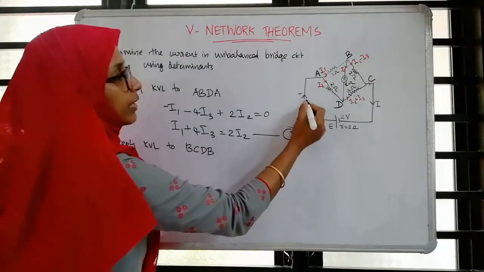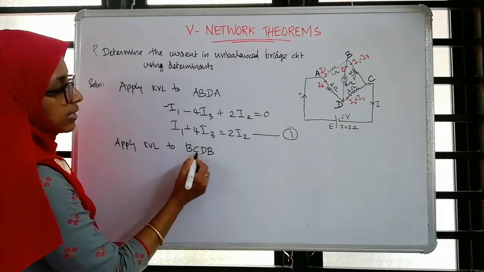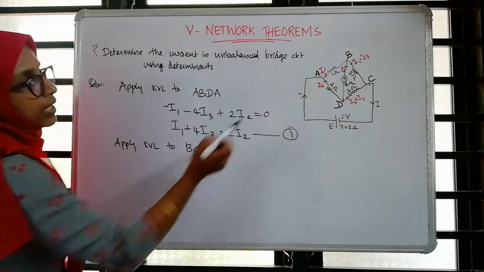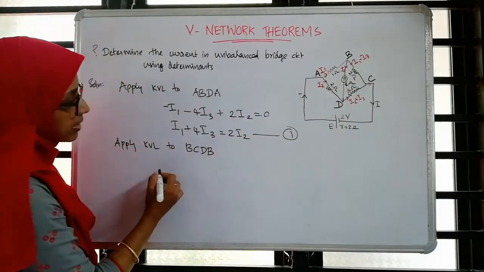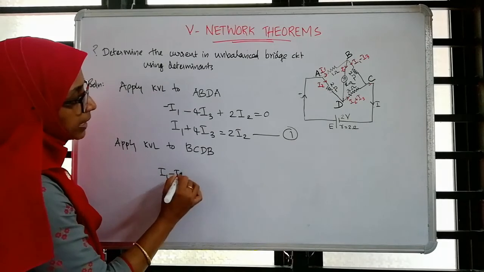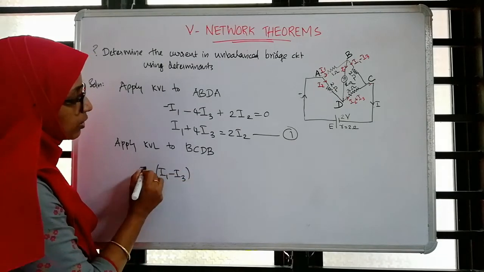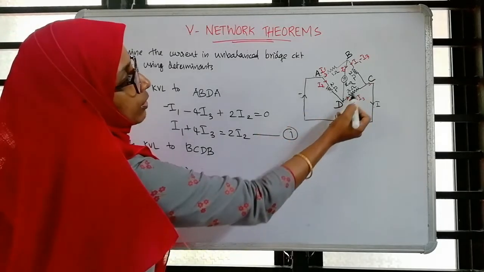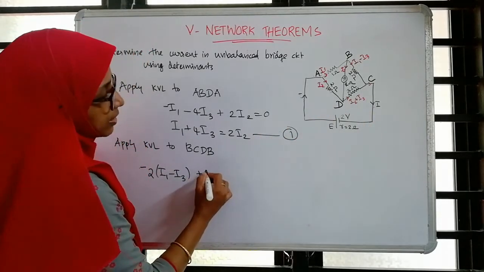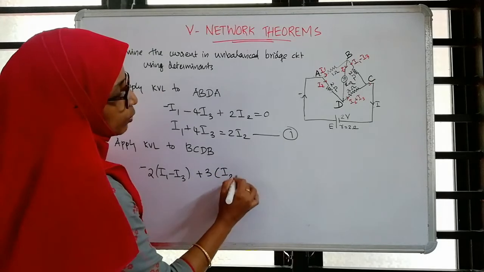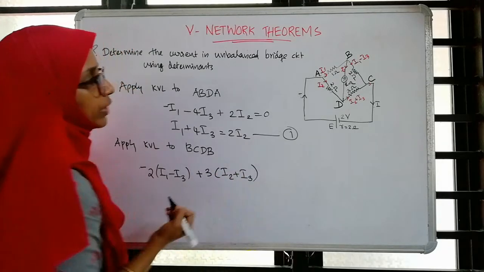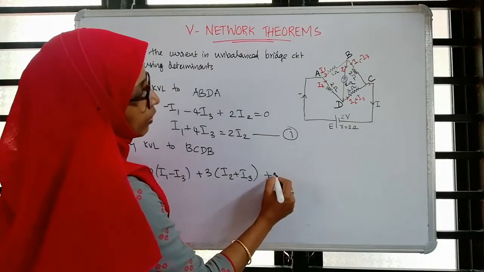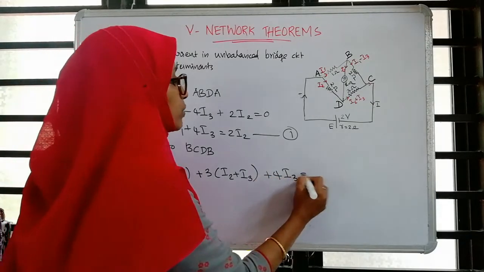And like this we can derive the loop BCDB Kirchhoff voltage law. In BC, the same path as that of current I1 minus I3, so minus into resistance 2. And here, opposite direction, so plus, resistance 3 into current I2 plus I3. The third term here is also opposite direction, so plus 4 I3 equal to 0.